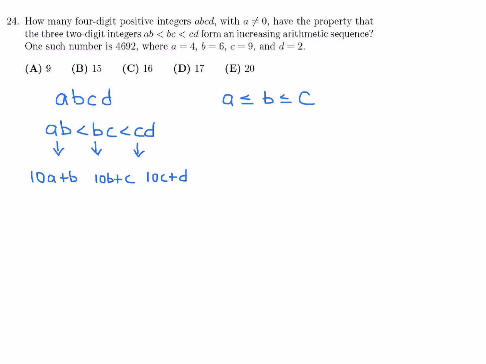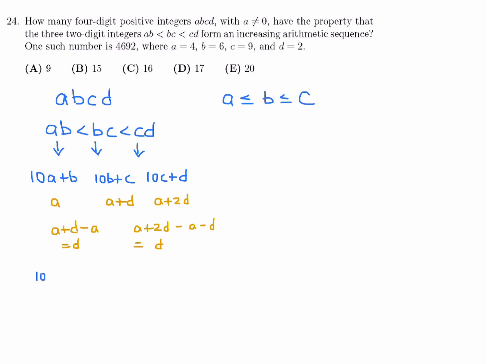And because they're an arithmetic sequence, they are of the form a, a plus d, a plus 2d. And a plus d minus a is equal to just d, and a plus 2d minus a plus d, if you subtract it like that, is also d. So that helps us to try to get some sort of an equation here.